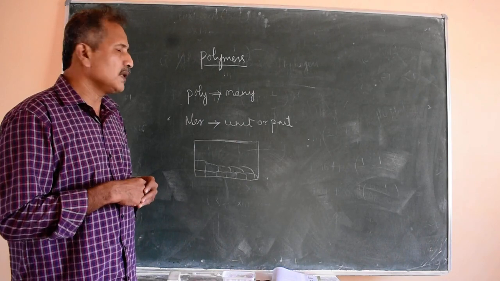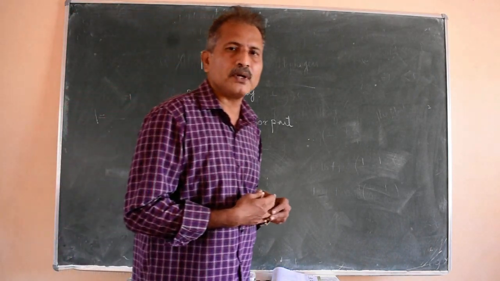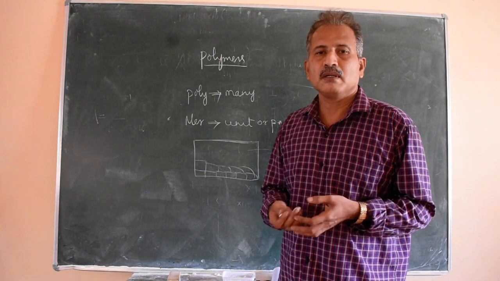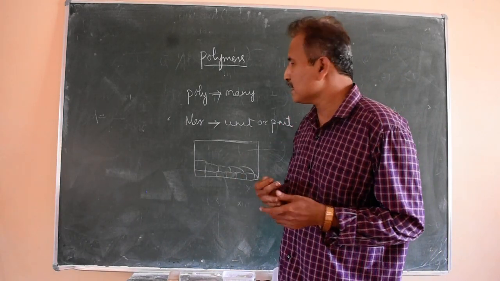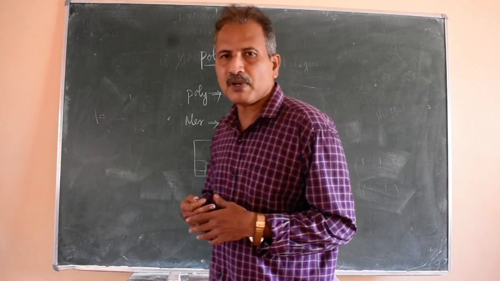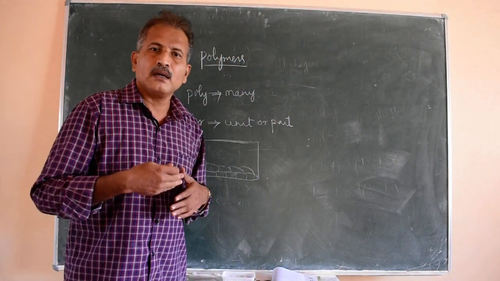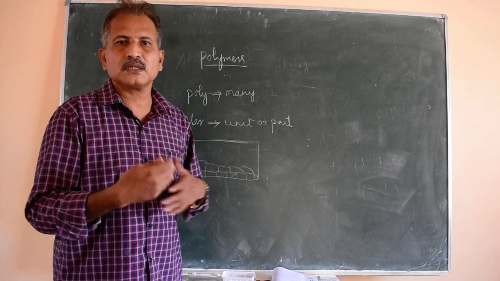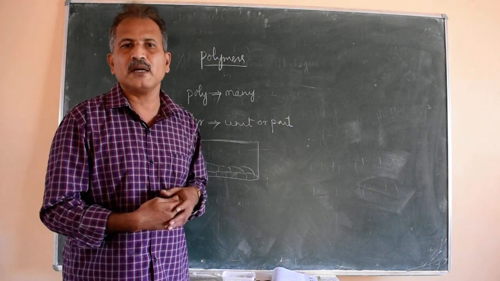Therefore, a polymer is a large molecule, or you can say it's a macromolecule. It has huge molecular mass. So it's a macromolecule which is made up of a repeating structural unit, a structural unit that goes on repeating itself.